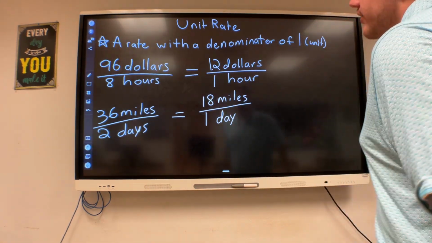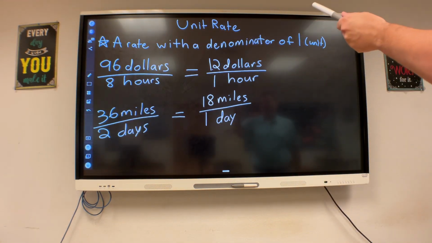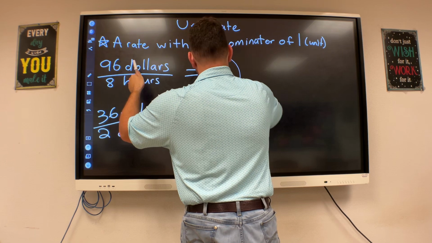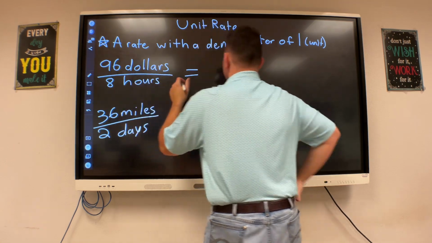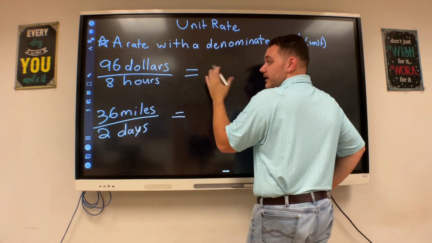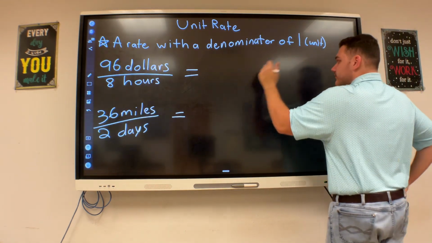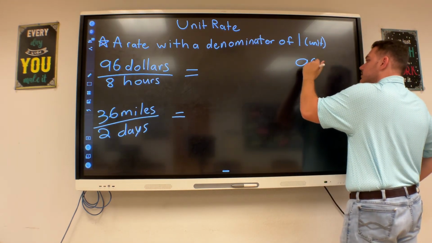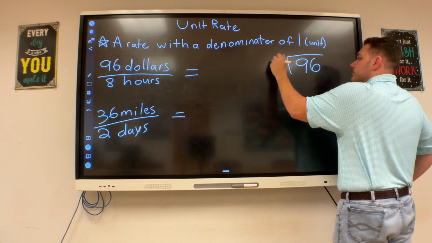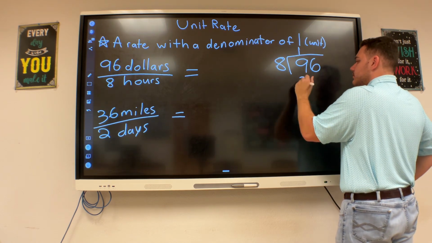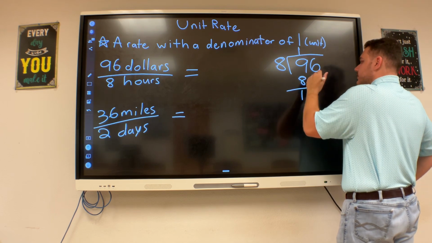So like I said, in the other one, we have $96 for every 8 hours we work. And so now we're going to try and see how many dollars we're going to have in just 1 hour. So we're going to have 96, and we're going to divide it by 8. 8 will go into 9 one time, with 1 left over.